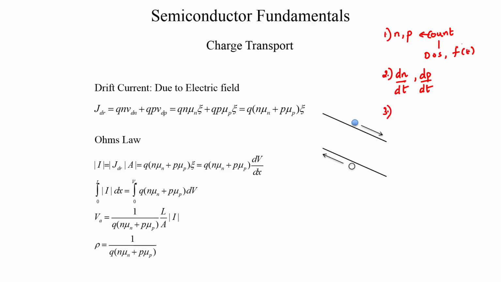These are the mechanisms by which the electron and hole concentrations could vary. And now based on these counts of electron and hole concentrations, we want to establish what the currents would be in a semiconductor and the different mechanisms of charge transport in a semiconductor.